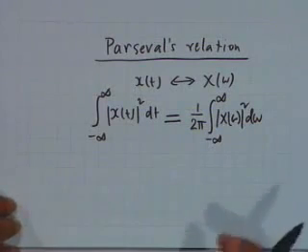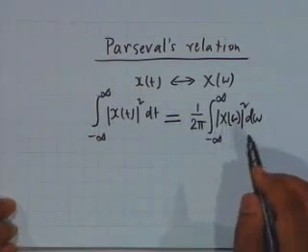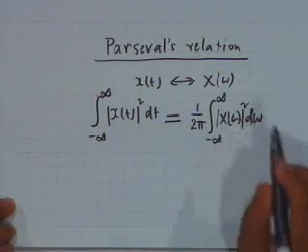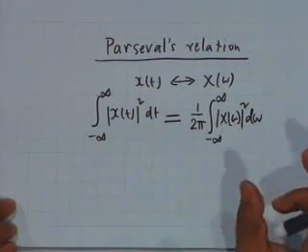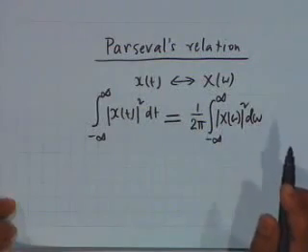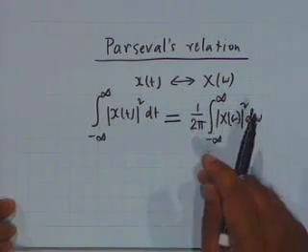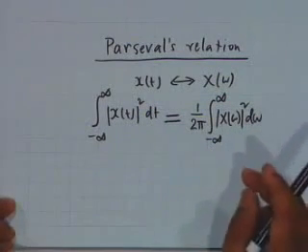Now, to interpret this as energy, you notice that |X(omega)| is the magnitude, or the amplitude, of the spectrum, and omega is in radians per second, so d omega by 2 pi shall be in cycles per second or hertz.